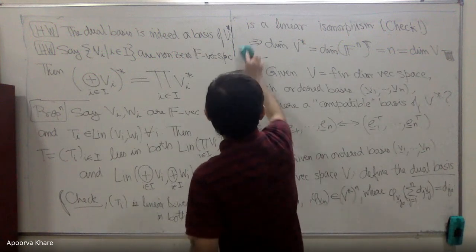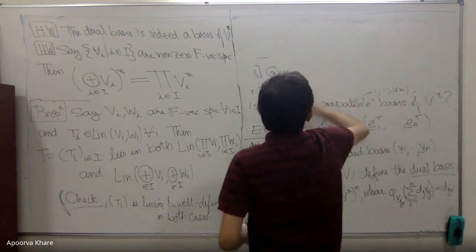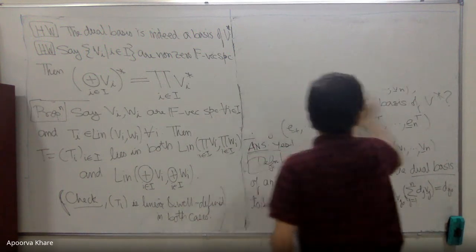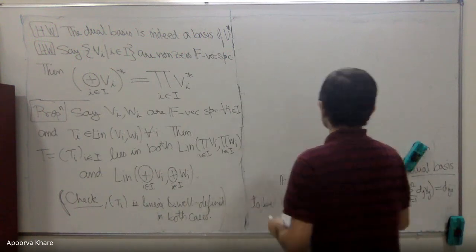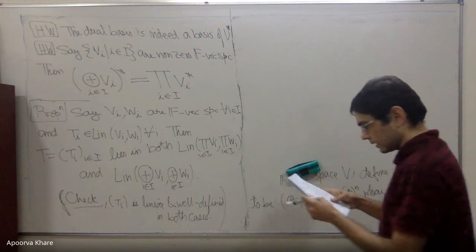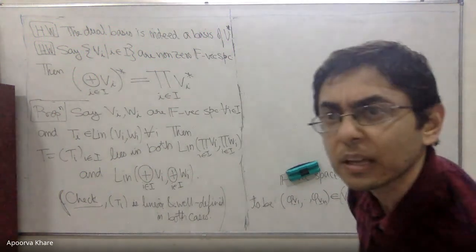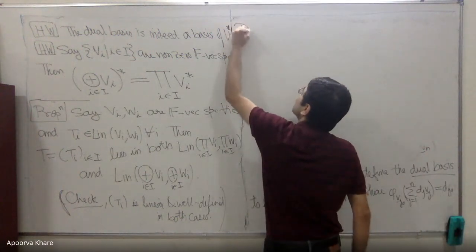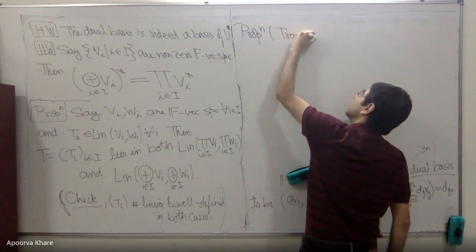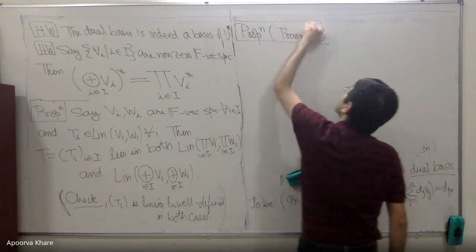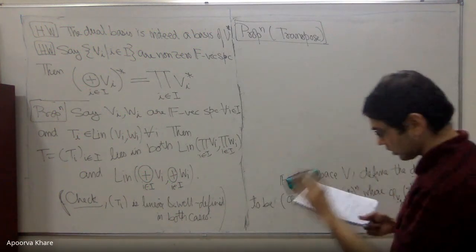Okay, so that is just some extra proposition. But now comes the transpose proposition. Yeah, I think this is the proposition, and that will be the end of the class. The proposition, transpose. Some people call it the adjoint as well as the transpose, but anyway, in this context, it's the same thing.